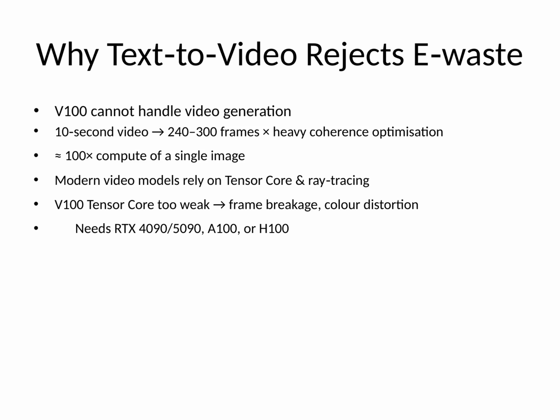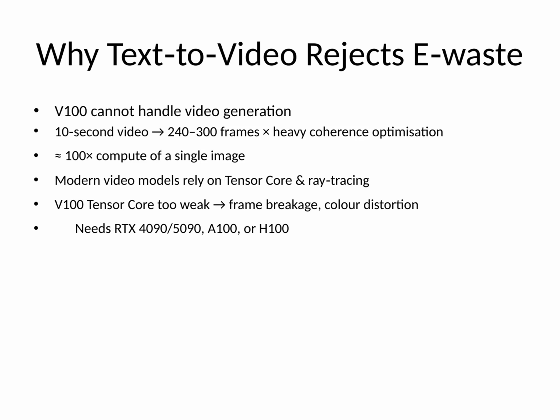Text to video generation clearly shows the limits of older GPUs. A single short video may contain hundreds of frames, each requiring complex diffusion steps, while also maintaining motion consistency across time. This can demand roughly 100 times the compute of generating a single still image.